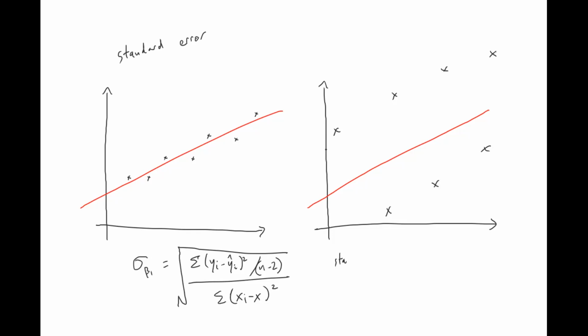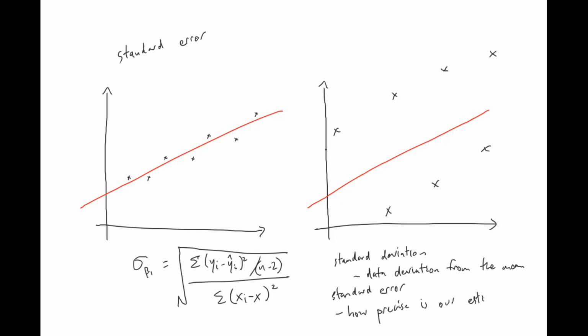Standard deviation is data deviation from the mean, whereas a standard error is how precise is our estimate of the mean.